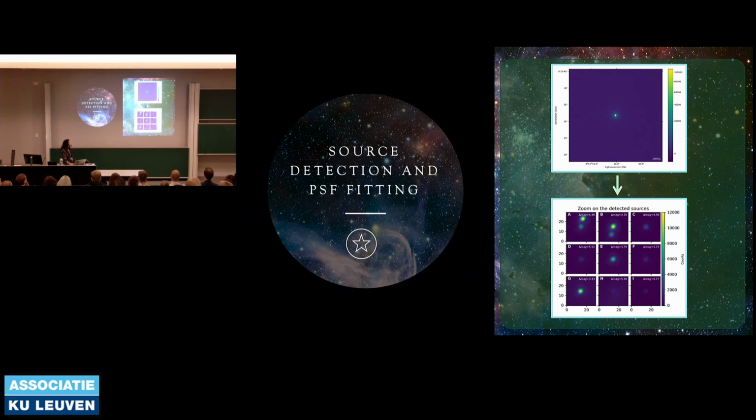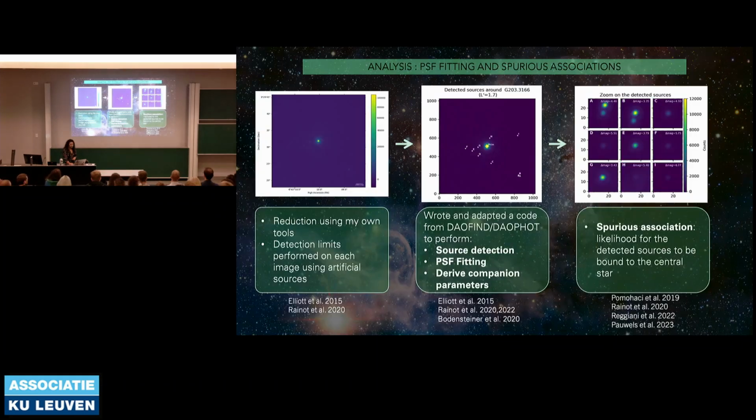Now I will quickly explain how we go from the raw image to the characterization of companions. It's the same process for all 13 images and sources. So I did the reduction. Then for each image, before running the source detection, we first compute a detection limit to get the sensitivity of each image and how deep we can probe for companions.